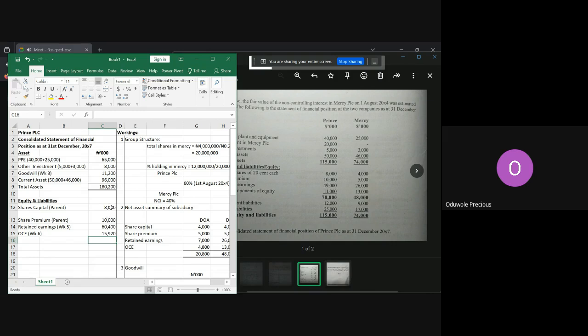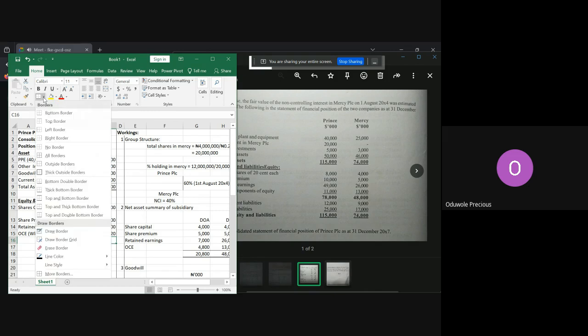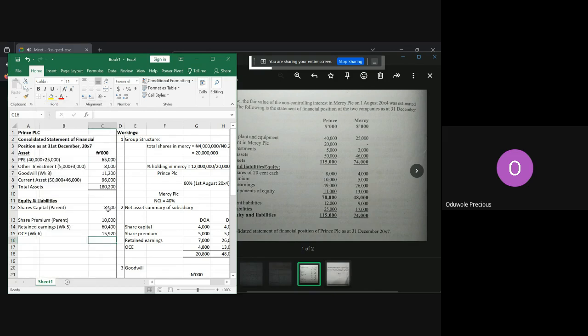What would all this one give us? Then we'll now add our NCI.